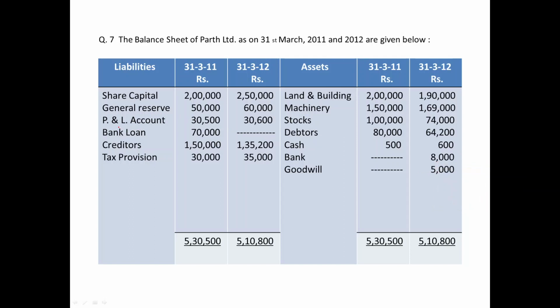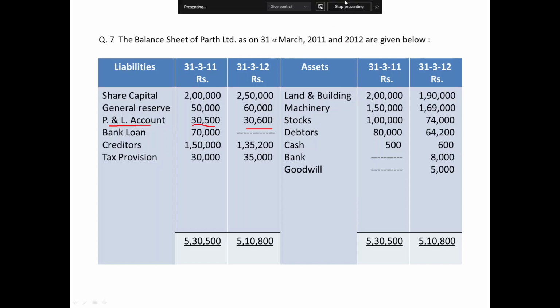Have a look on the liability side. Profit and loss account. Last year 30,500, current year 30,600. So the difference between the two balances of profit and loss appropriation account given in the balance sheet is how we decide the net profit of the year.